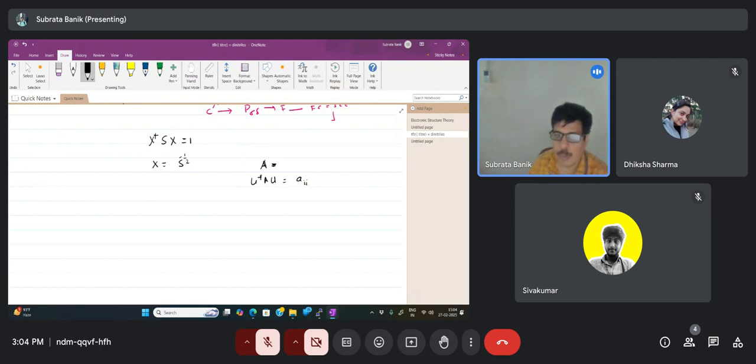Now, if I do the reverse transformation, U times the diagonal matrix times U inverse, I get back my A on the left side, and on the right side I have A diagonal.